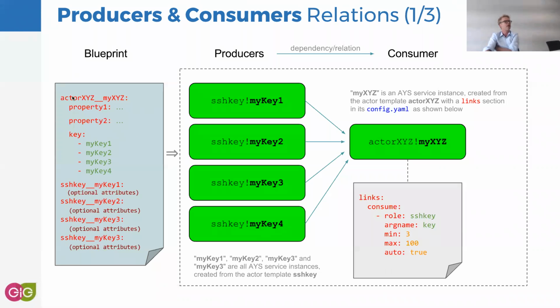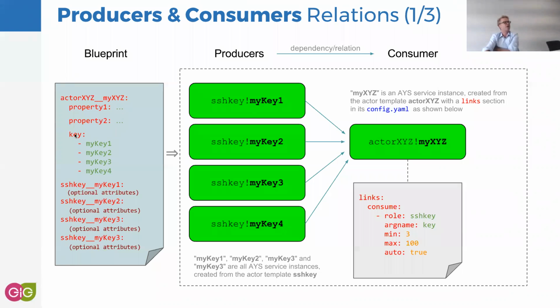Here I say, you know what? I need an instance, and that's how we do it in the blueprint, an instance of type actor XYZ, that's the name of the template, and the name of the service, my XYZ, with all kinds of properties, these attributes that are defined in the schema file.